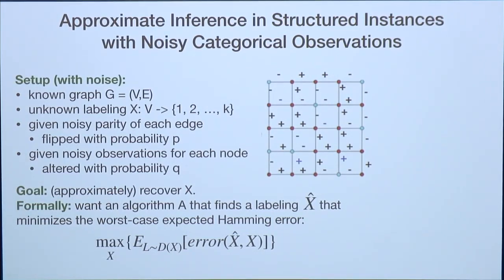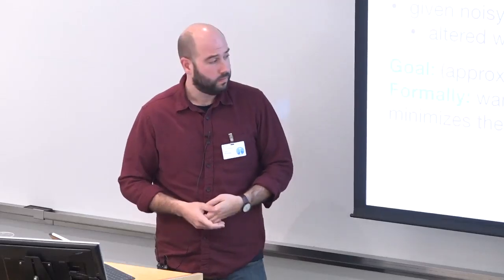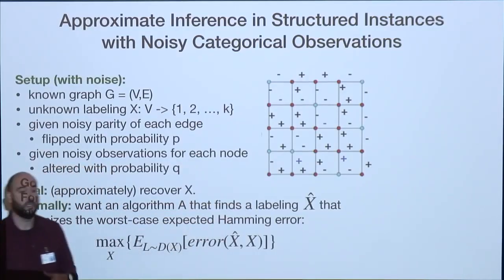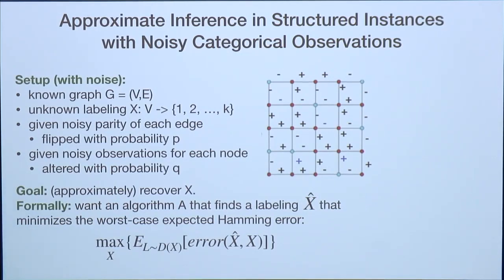So formally, you want an algorithm that will find this approximate labeling, this estimate x hat, that will minimize the worst case expected Hamming error. Why expected? Because you don't know how noise is being injected. I don't know how the adversary or the noisy channel is flipping these labels.